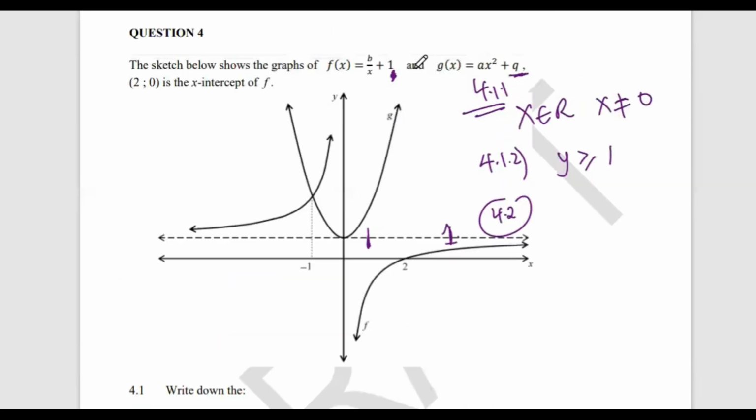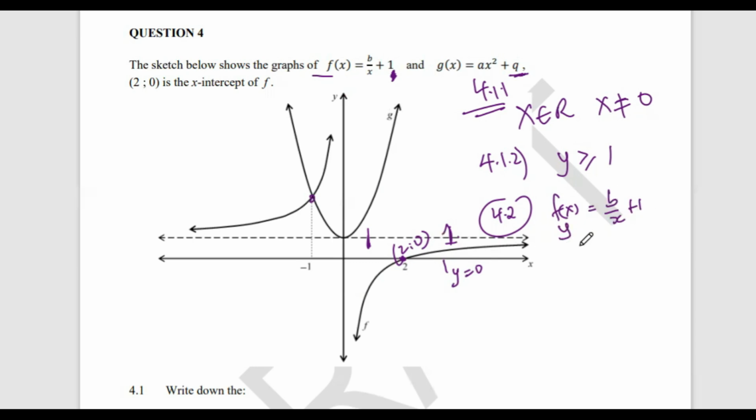Now, since we know that b is the only unknown, what we need is one other point that is passing through f. So for f, we don't know the y coordinate as much as we know the x. We can use this point because this is on the x-axis, and along the x-axis, we know that y is 0. So this point is 2 and 0. So I'm going to use this and replace it there. Where I see f of x, that is the same as y. So y is equal to b over x plus 1.